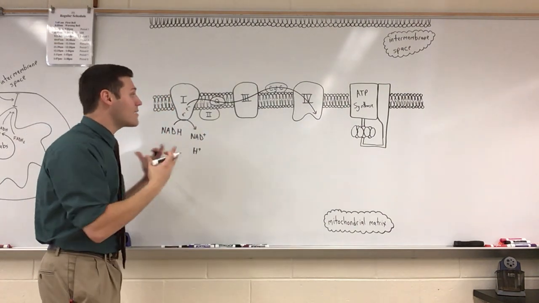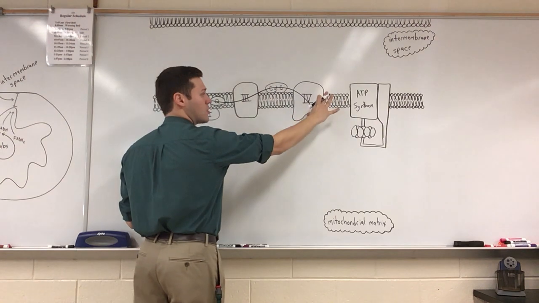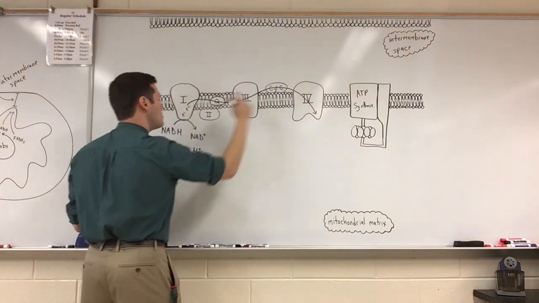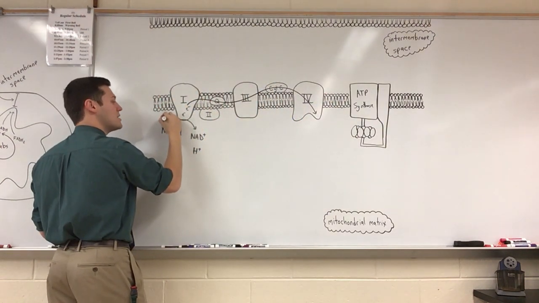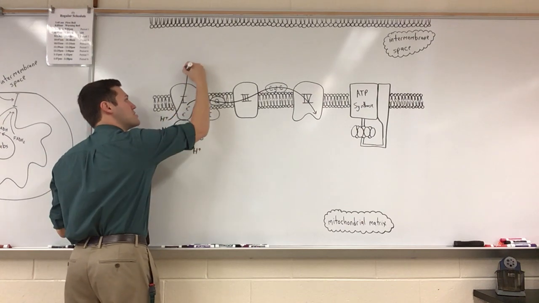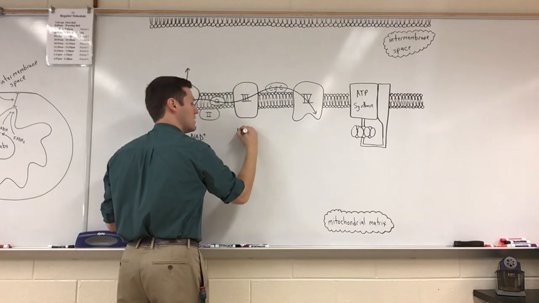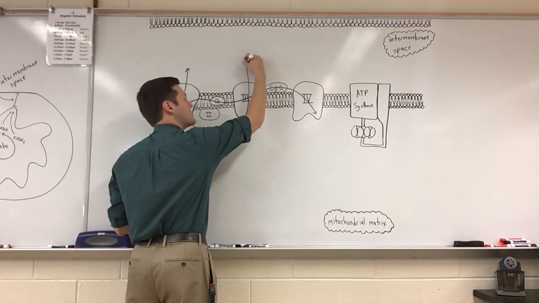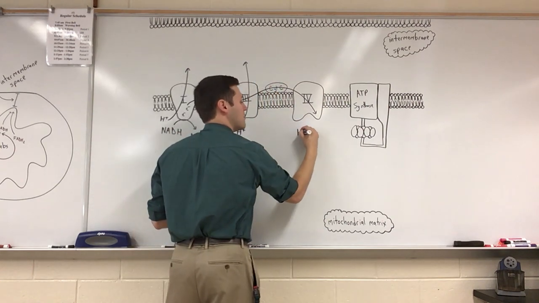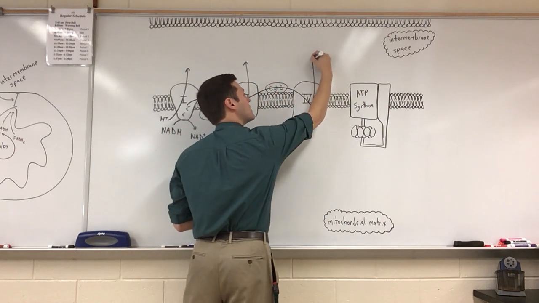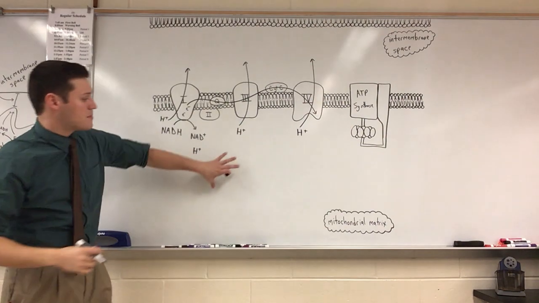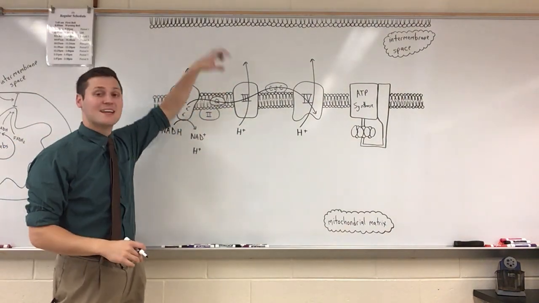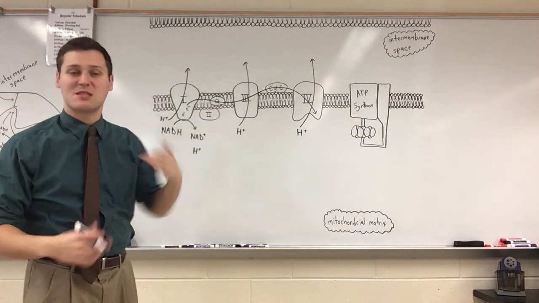And they're going to get their energy from those moving electrons. So as the electrons move, that will provide the energy to pump hydrogen ions. We pump hydrogen ions out of the complexes, from the mitochondrial matrix into the intermembrane or between membrane space.